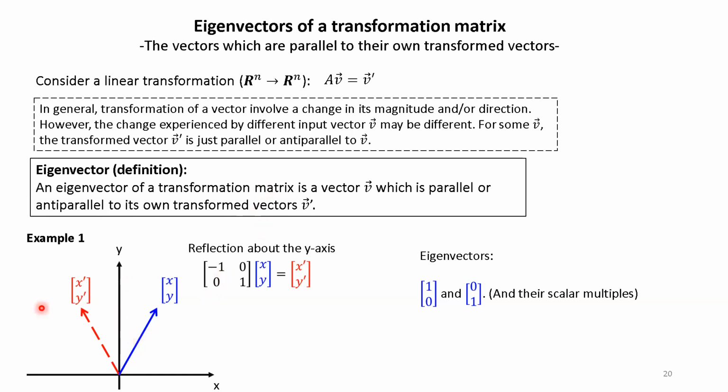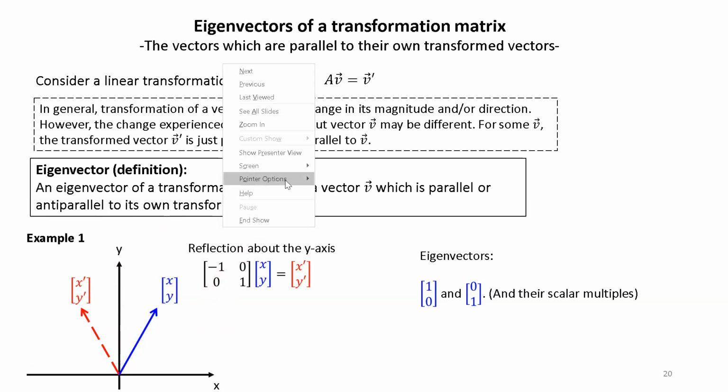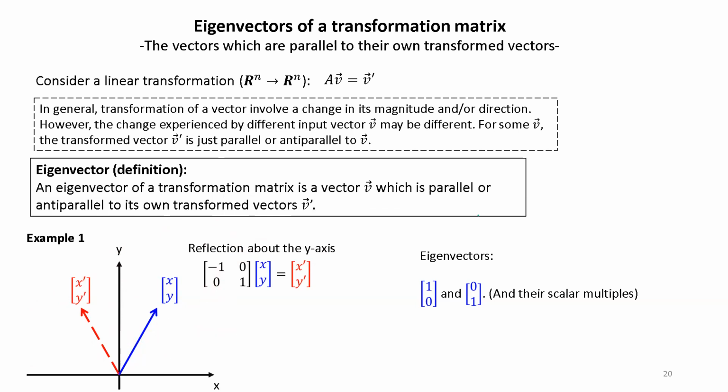From this reflection case, you can clearly see that one of the possibilities is this one. If you start with this green vector, after reflection it is still the green vector, because I'm talking about reflection about the y-axis. So this green vector is one of the eigenvectors. After transformation, the direction is not changed.